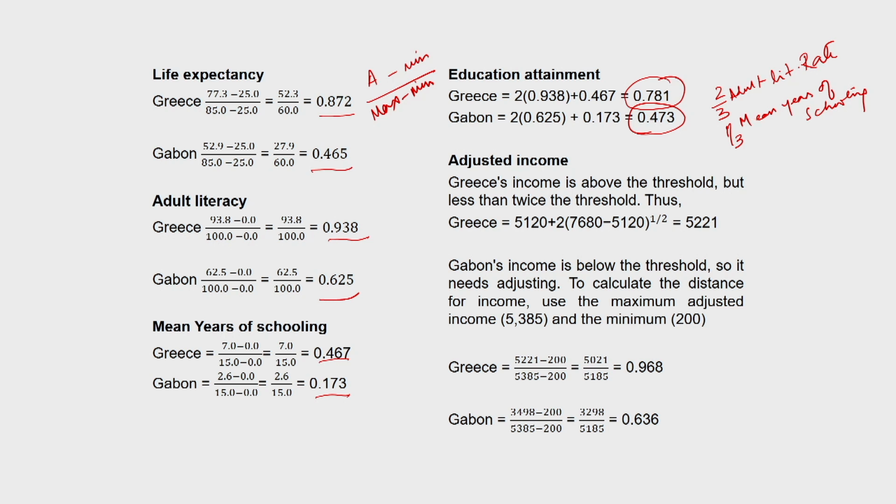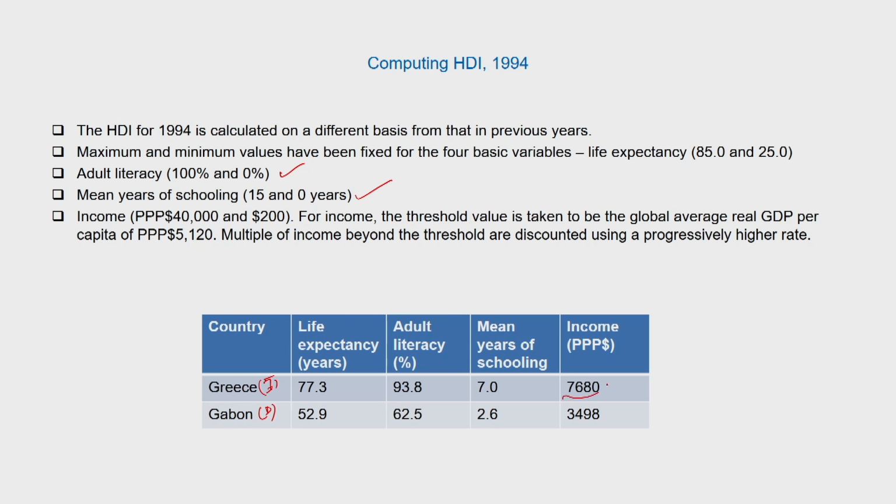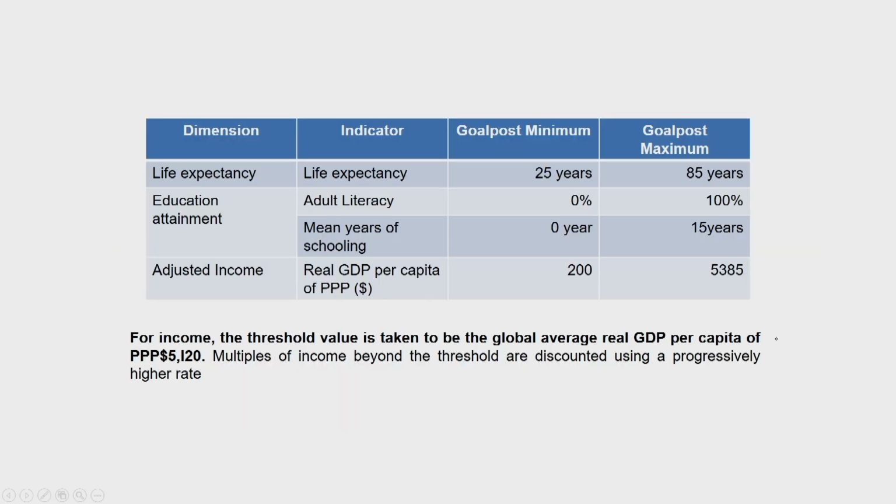The adjusted income: Greece's income is above the threshold. If you look at Greece's income, which is 7,680, whereas the threshold income is 5,120. This is the poverty line threshold income, and this is the maximum adjusted income.